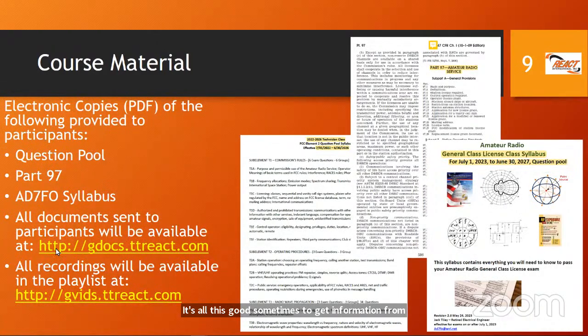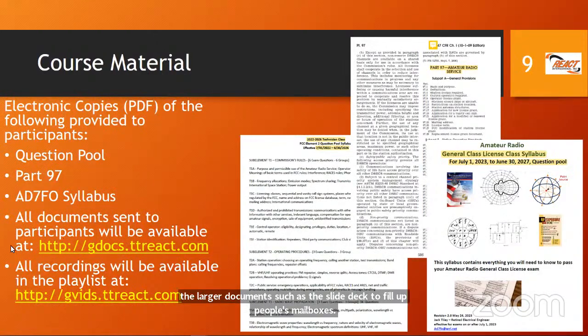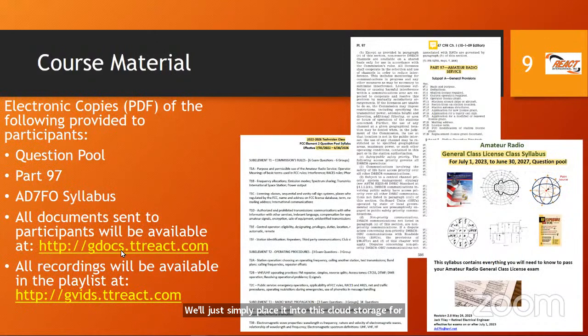And most importantly on this slide, the link here, gdocs.ttreact.com, is where you will get all of your documents for this particular course. We will avoid emailing the larger documents such as the slide deck, to avoid filling up people's mailboxes. We'll simply place them into this cloud storage folder and you can access them. These will usually be uploaded within 24 hours of the course, so you can have a look at them at any time that's convenient to you.